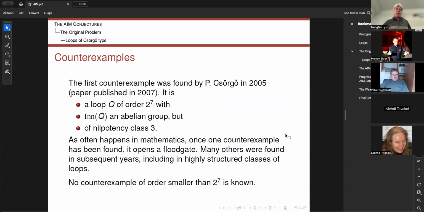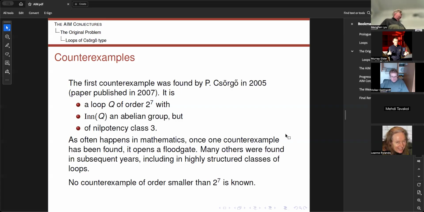Now, the reason that there was a lot of work that suddenly stopped is because there was a counterexample, as often happens in these situations. This was found by Piroska Csörgő. She found a loop of order 2 to the 7th. Its inner mapping group is abelian, but its nilpotency class is 3 instead of 2. And as you all know, in any area of mathematics, when somebody finds a counterexample, suddenly everybody thinks, oh, well, I can do that, and everybody starts finding counterexamples.